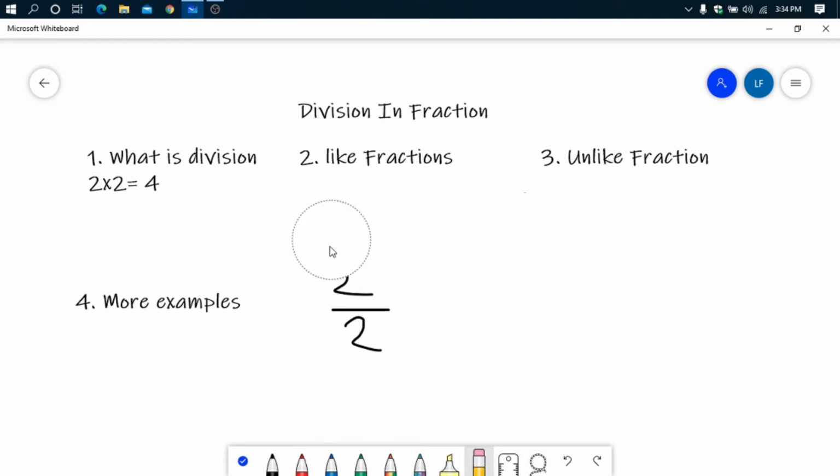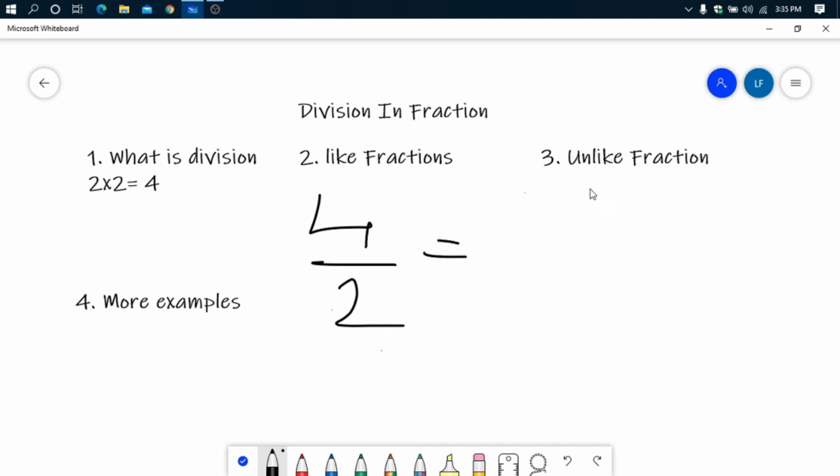I'll give you an example. This is a very easy example. Let's take 4 by 2, which is 4 divided by 2. What does that equal? If we cancel it, the answer becomes 2 by 1, because 2 times 2 equals 4 and 2 times 1 equals 2.